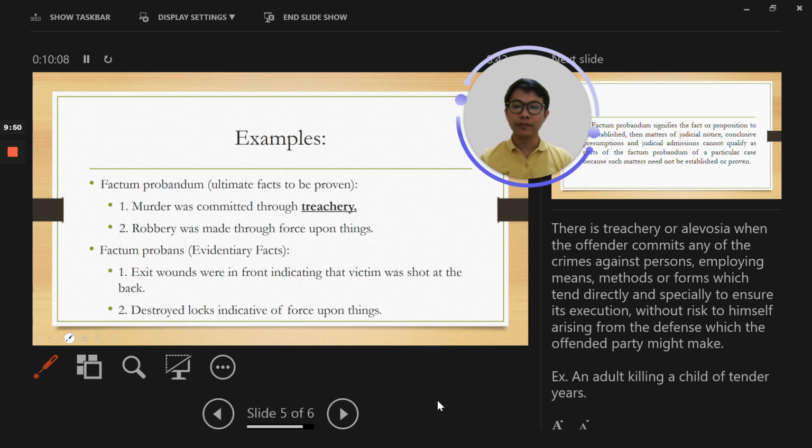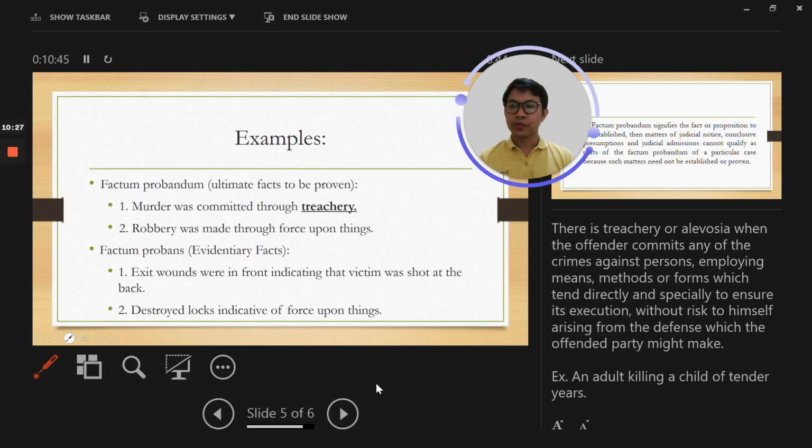The attack was, for example, sudden or unexpected, very swift, giving no opportunity for the victim to defend himself. So in this particular factum probandum that the murder was committed through treachery, we give as evidentiary fact or factum probans, for example, that the exit wounds were in front, indicating that the victim was shot at the back.